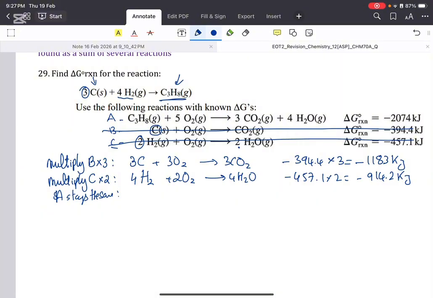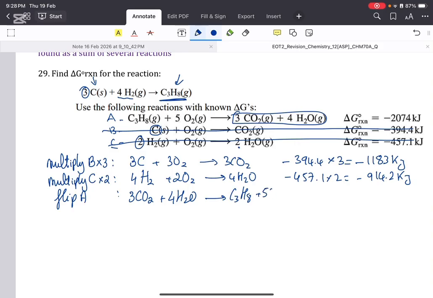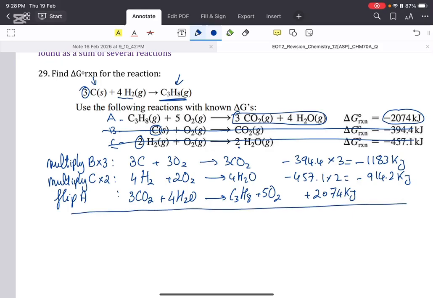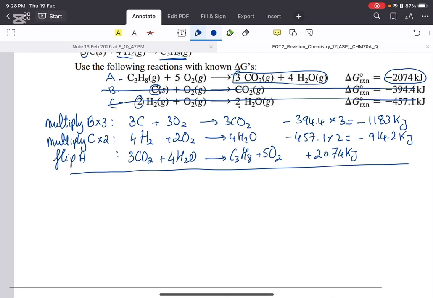I need this to be on the product side, so I need to flip A. In this case, these are going to be the reactants: 3CO2 plus 4H2O, and I'll obtain C3H8 and 5O2. Because I flipped the equation, delta G is going to be 2074 kilojoule. Once we are done, we're going to add all the values of delta G.